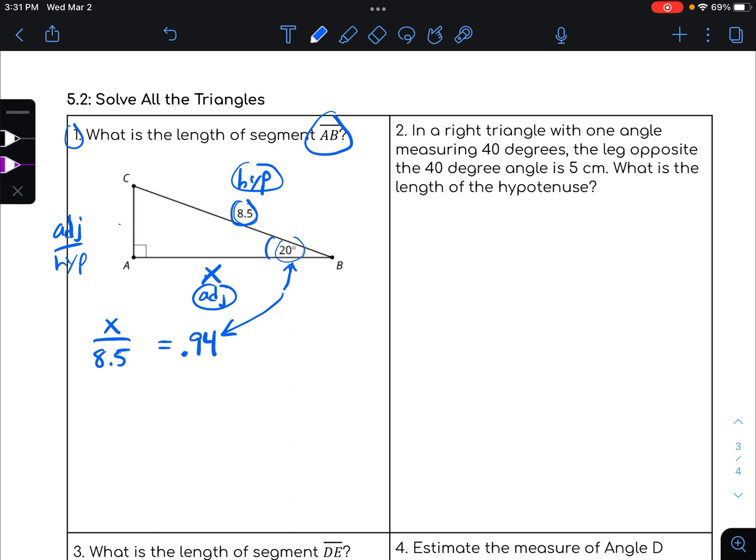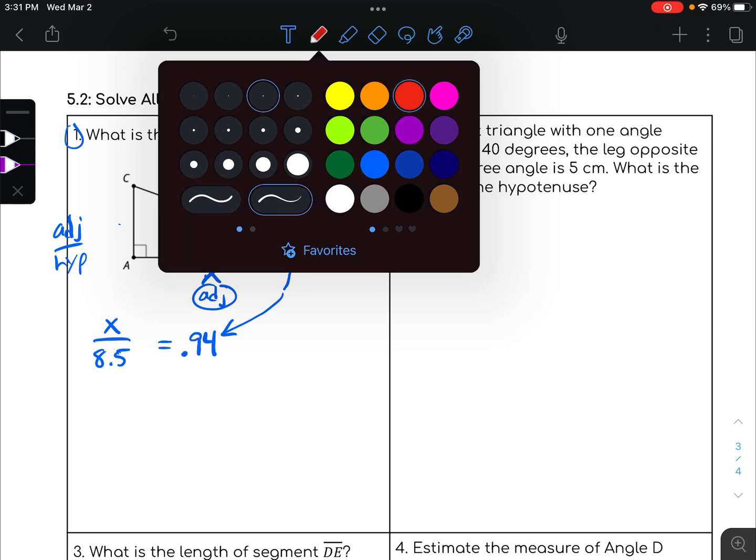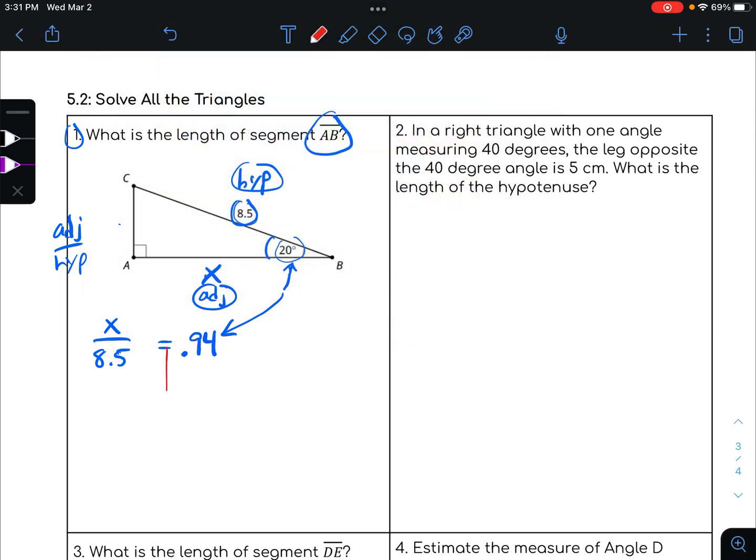Now we can solve for X. We have a little one-step algebra problem here, or maybe you could even set it up as a proportion and cross multiply and divide. But if we're solving this, to undo this dividing, we can multiply both sides by 8.5. That gives 8.5 times x divided by 8.5.